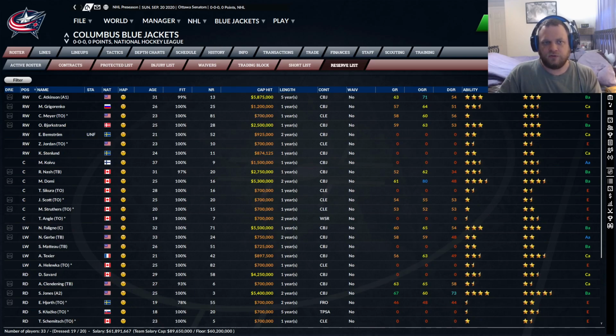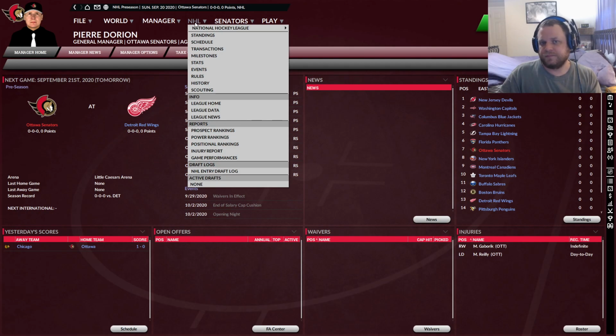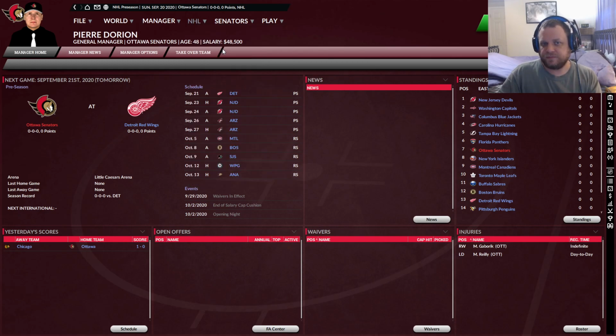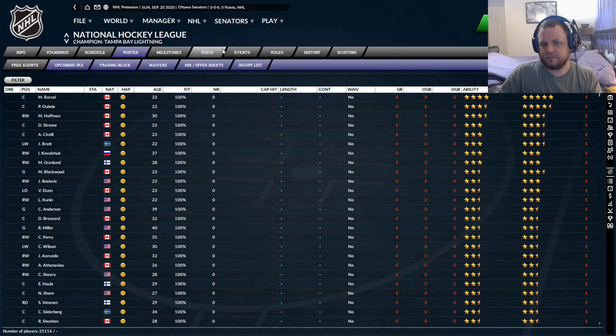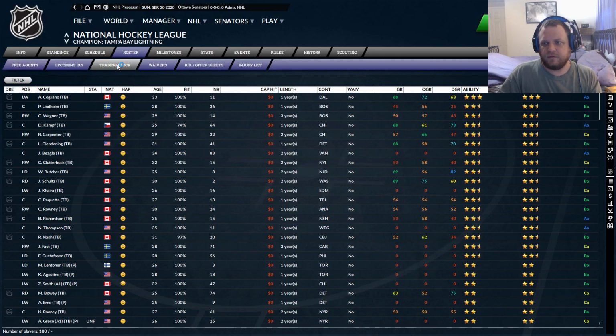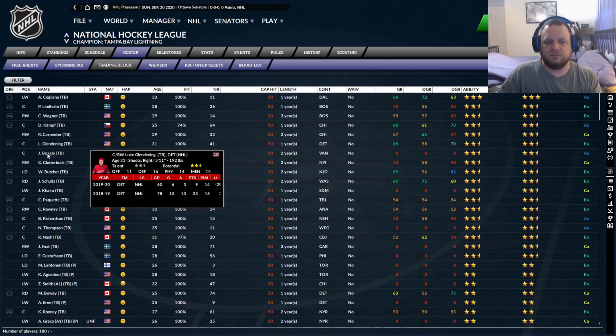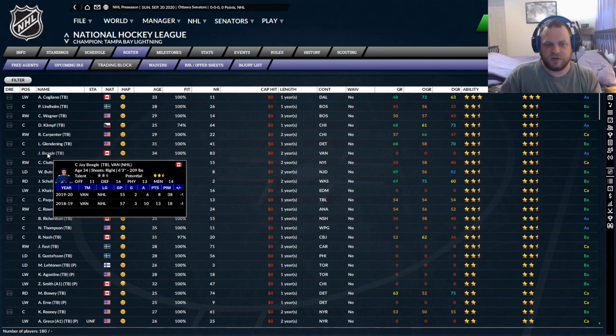Now you can also go in here and go to transactions. And then in here, you can go to the trading block, and from here you can see what players teams are trying to actively trade. So now I'm looking at that and I'm like, okay, maybe I want Jay Beagle. So then you can come from here.